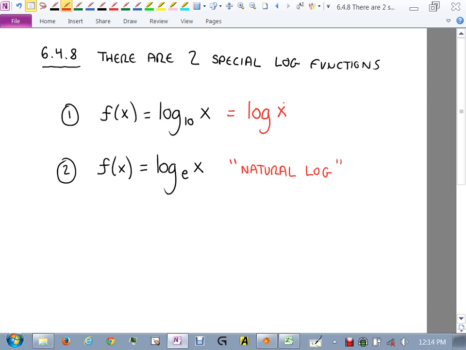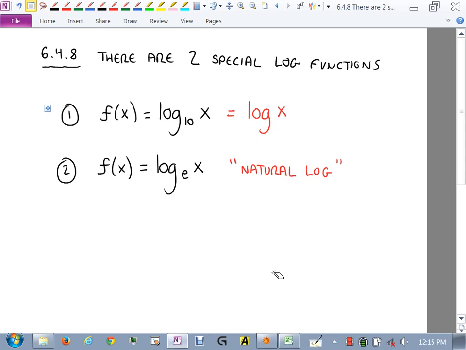And then it's understood that it's a 10. It's kind of like, remember with the square root? If I put that, that means square root of 8. But if I put this out here, then you know I meant cube root. Well, if I don't put anything, it's square. Well, if I write a log and I don't put the base down there, you have to remember it's 10. All right?